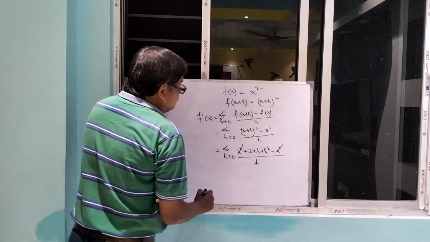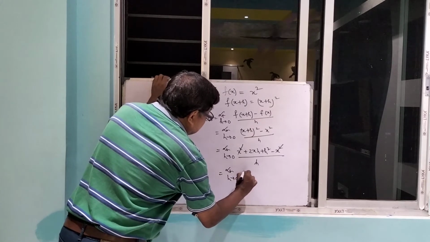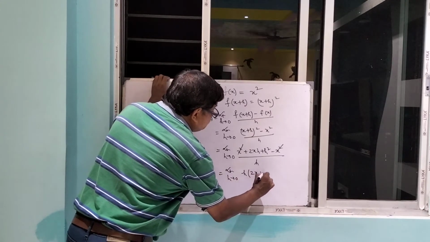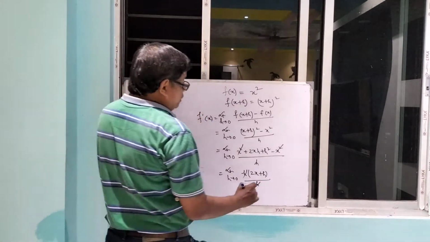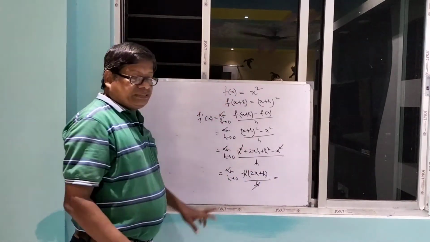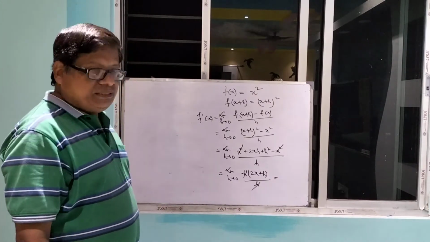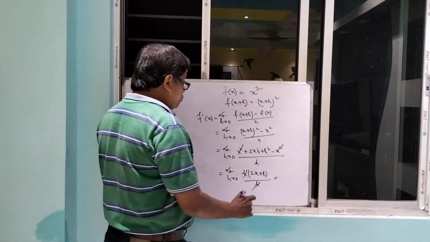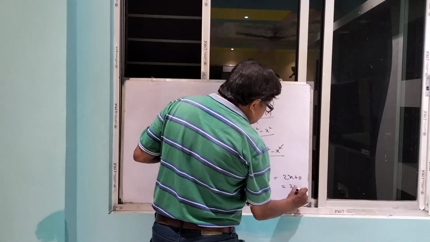Both x square cancel. So limit h tends to 0, h common, 2x plus h by h, cancel. Now you just put h equal to 0 because this is a defined value. So twice x plus 0, which is twice x.